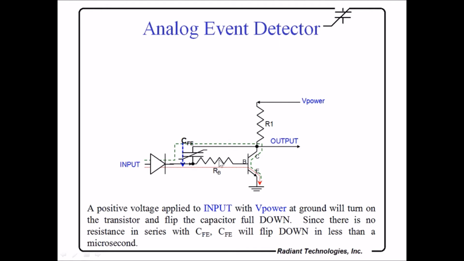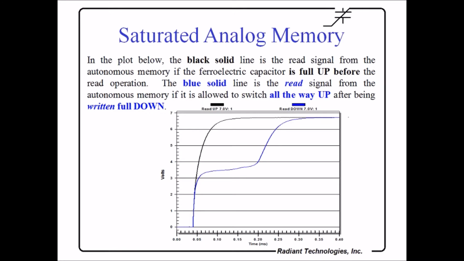Because there's only a voltage drop here, we have to add 0.7 and 0.3 volts, or 1 volt here above the saturation voltage for the capacitor. But this can switch in less than a microsecond. This switching time, however, is a function of the size of the capacitor and the size of these resistors. We'll take advantage of that for the analog memory.